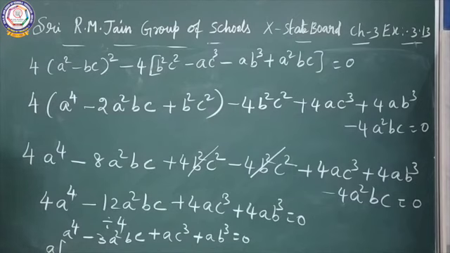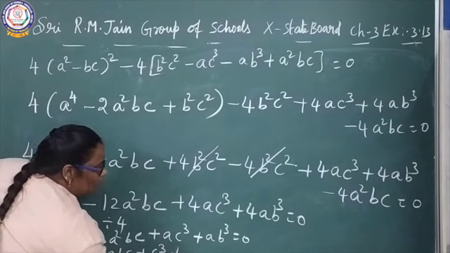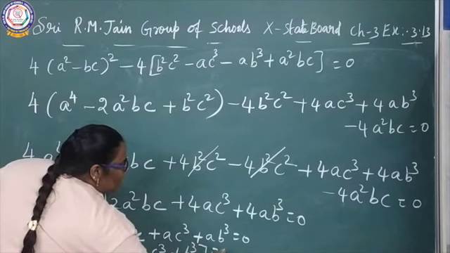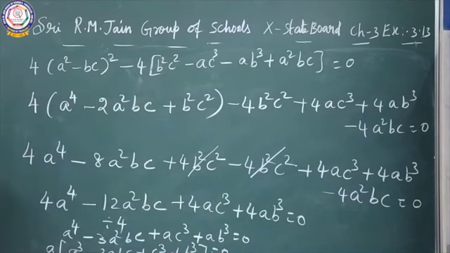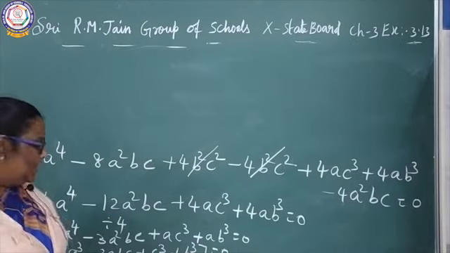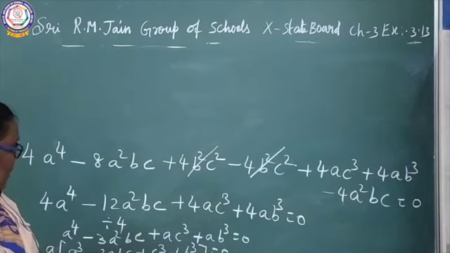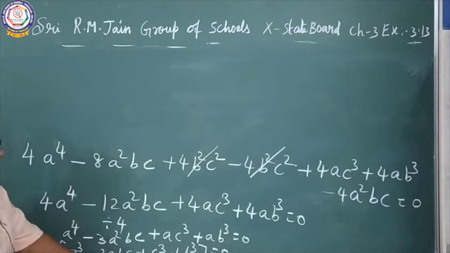What is the remaining thing? a cube minus 3abc plus c cube plus b cube equal to 0.